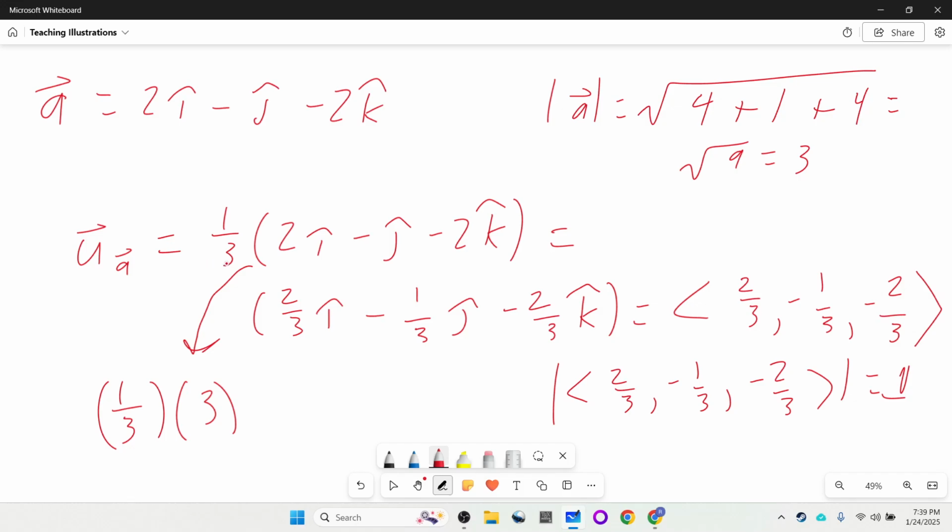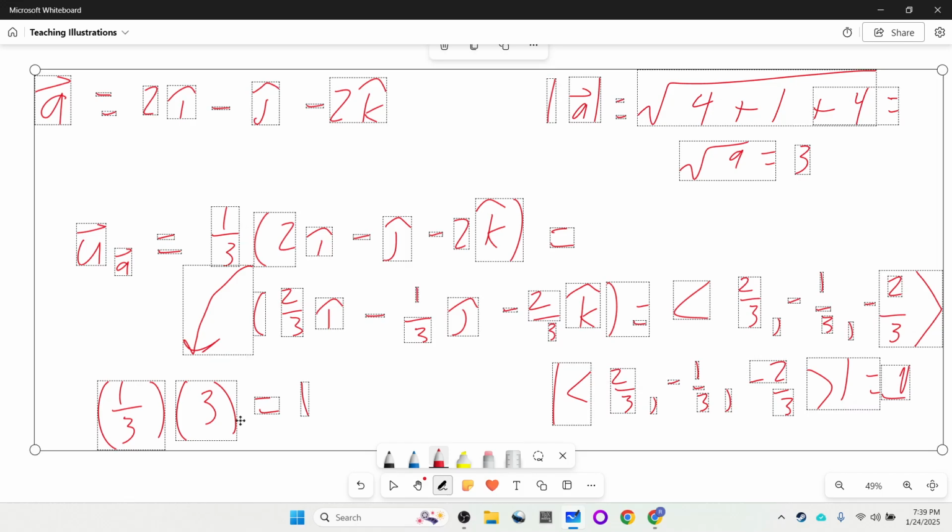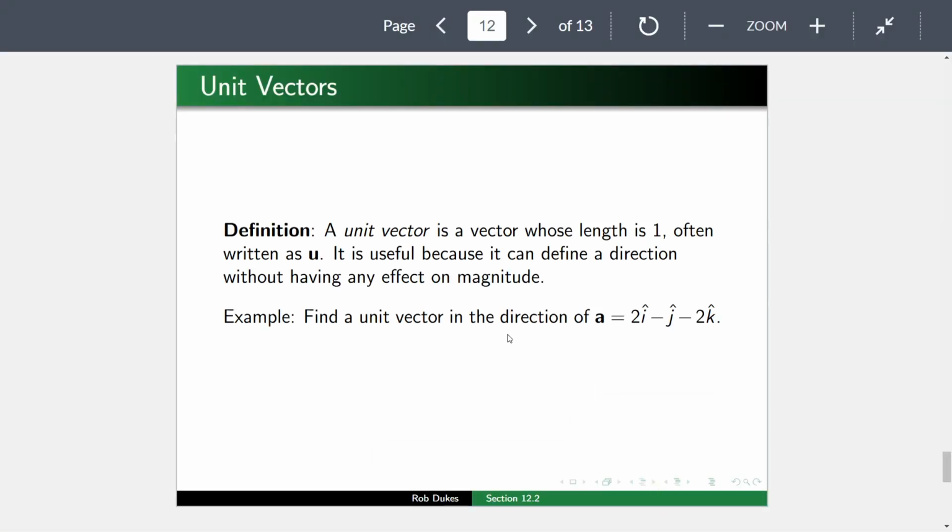And we said that when we're finding the length of vectors, we can just pull the scalar out. So 1/3 times 3 is 1. So yeah, that's another thing that I might put on a quiz. Find a unit vector in a certain direction, because that's a pretty common thing we need to do.